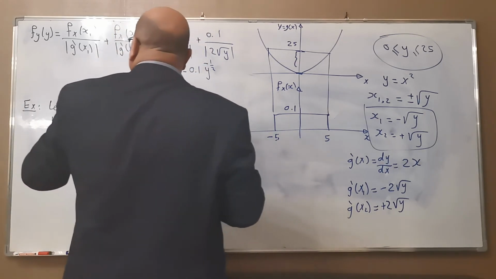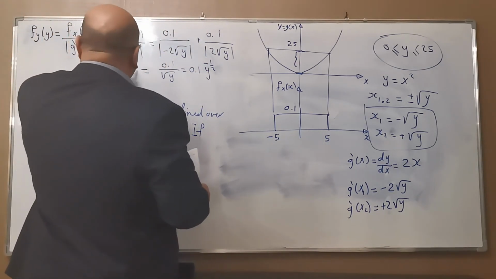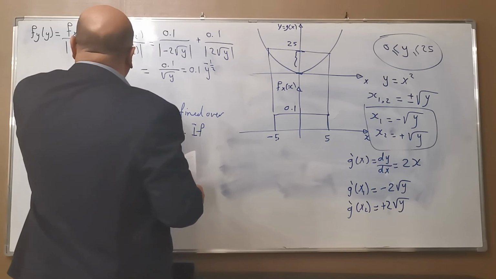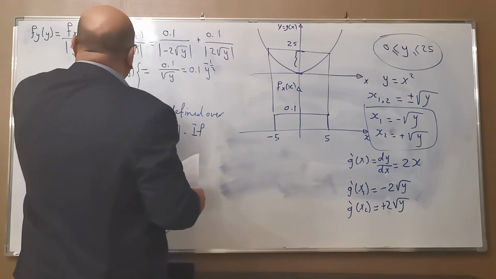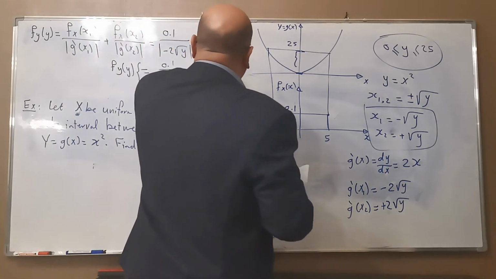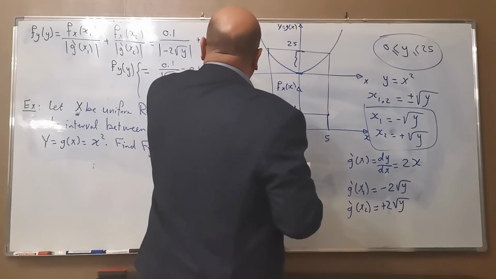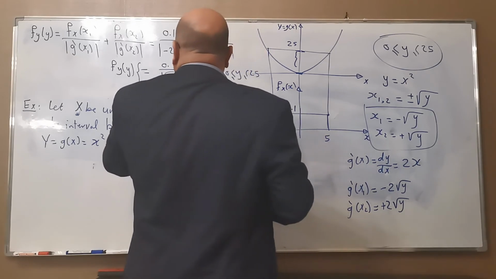So the solution of fY of y is equal to this for y between 0 and 25, and 0 otherwise.